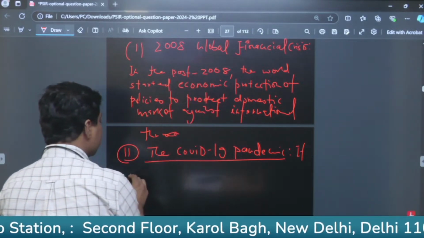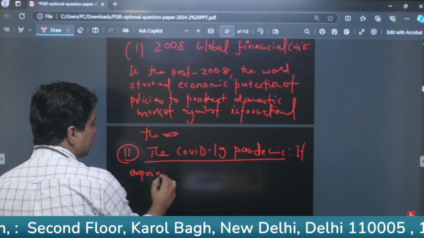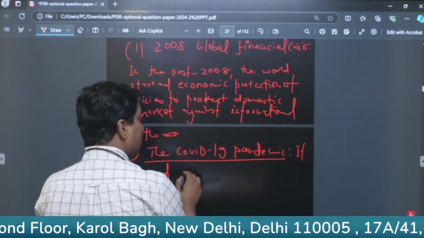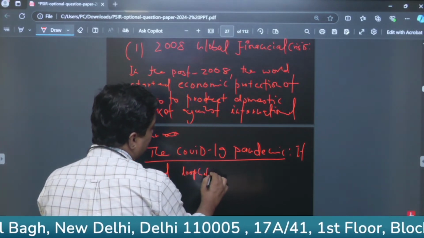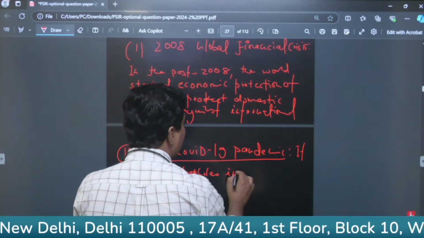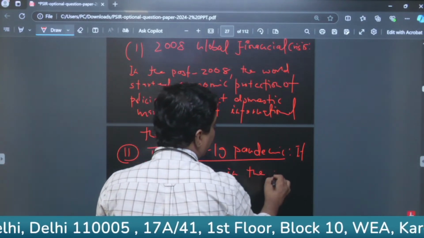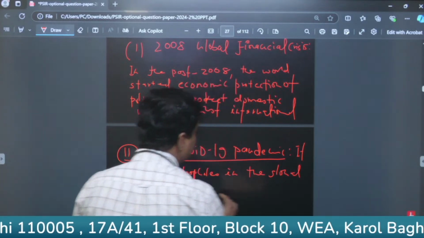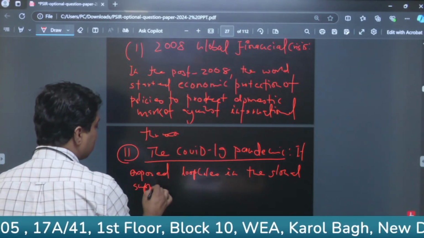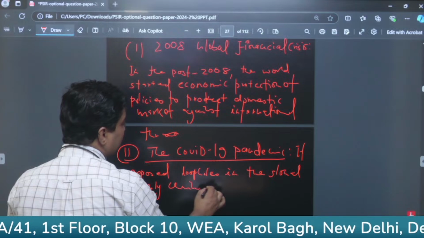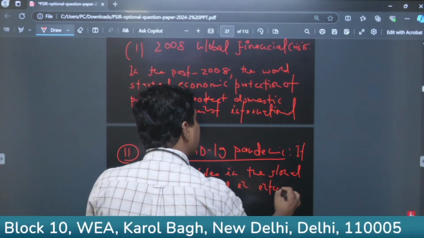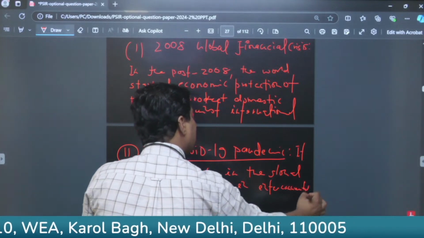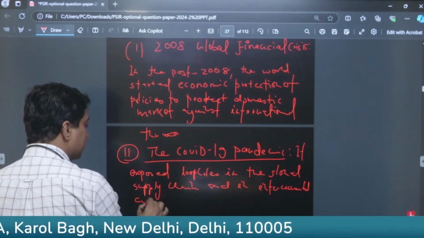It exposed loopholes in the global supply chain and in the interconnected and interdependent world.